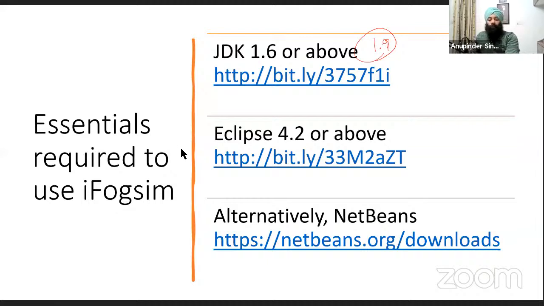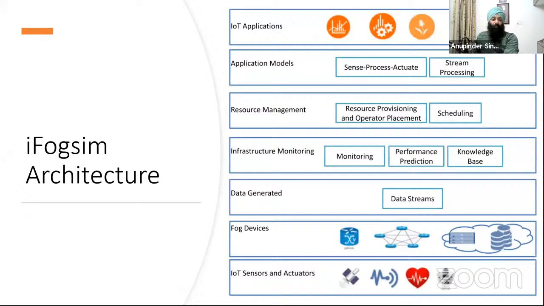Great. So the next thing is the iFogSim architecture. Before I actually drill down into the code, I wanted to discuss how the iFogSim architecture has been designed, and this diagram has been taken from the core paper of iFogSim.